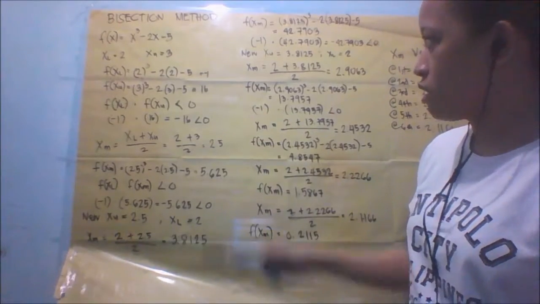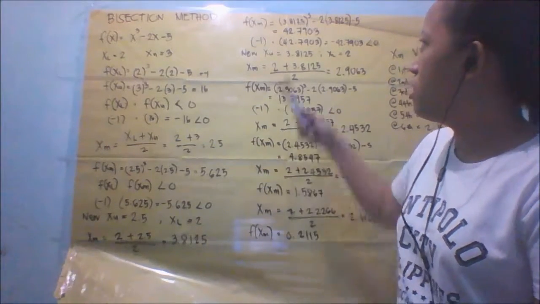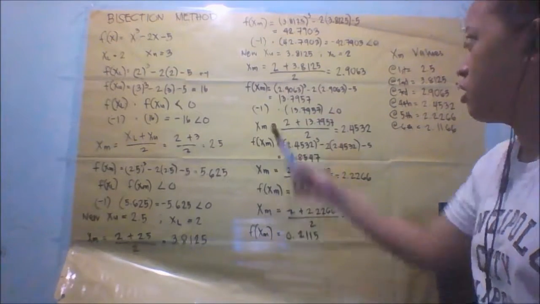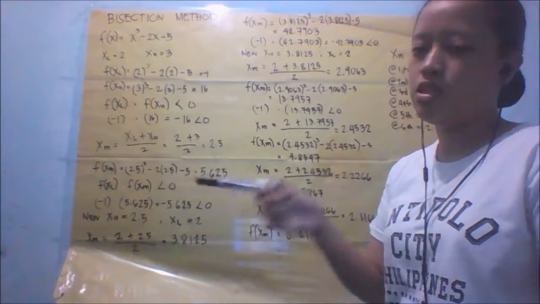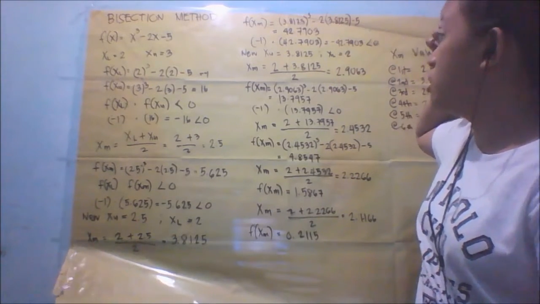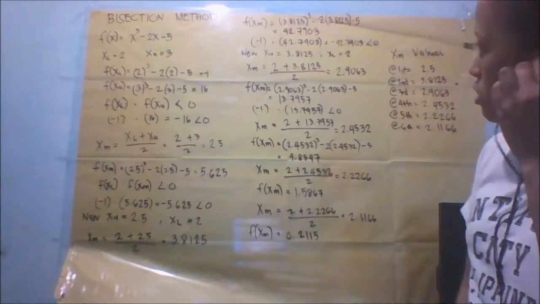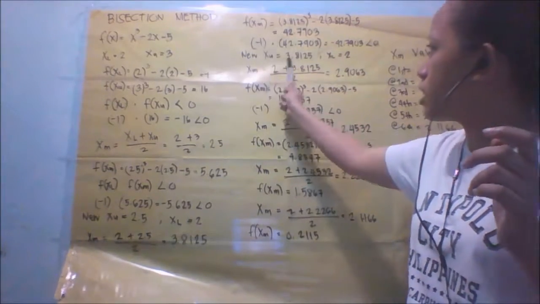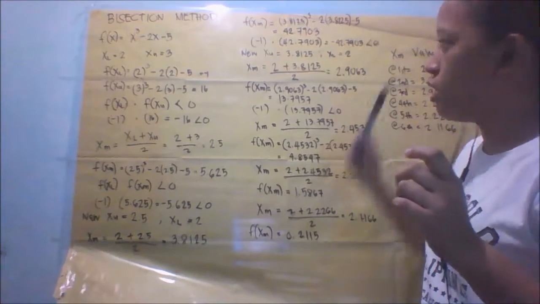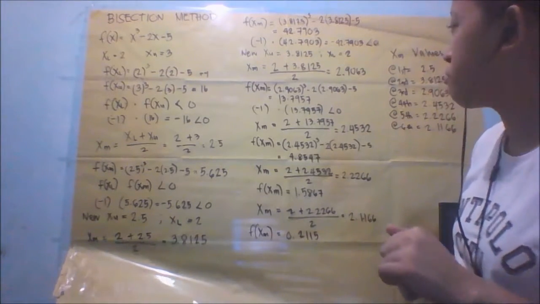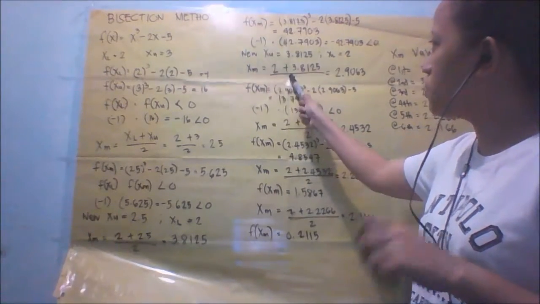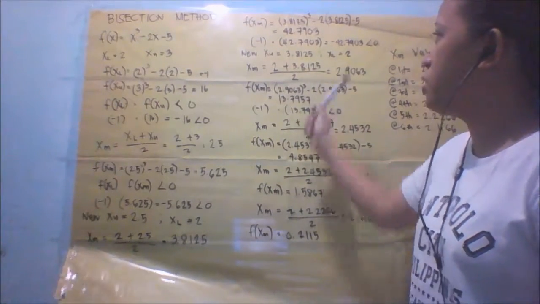As long as your f of xm is positive, you can get your new xu by taking the value of xm. So we have here our new xu, which is 3.8125, and our lower is 2. So I am getting xm again.